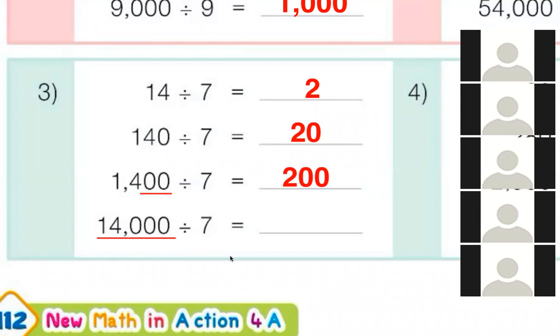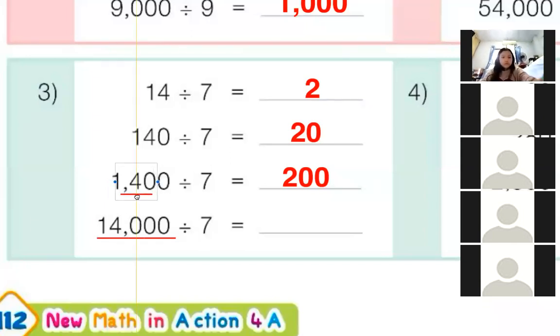No, that one is not 1,000. 1,400 is this one, 1,400 divided by 7. But the last one, how do we read this number? It's not the same as here. It's a different number. Who can help him?